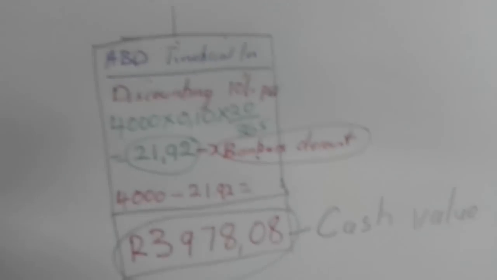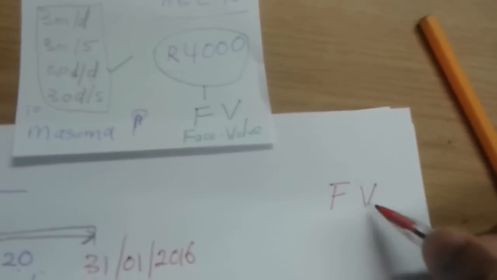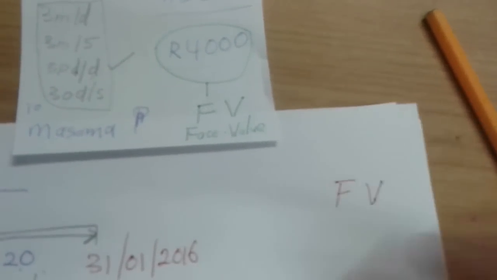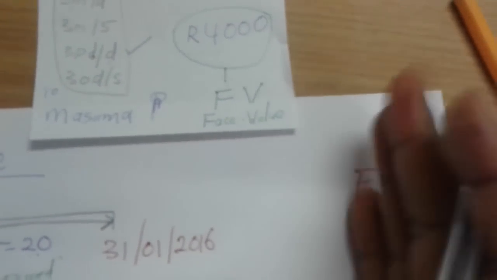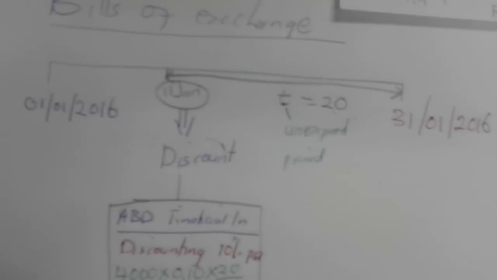So quickly, let's list down all the terms that we have from the beginning. We've got the face value when the bill is drawn. Then we've got the discounting date, of course. Then we've got T, which is the unexpired period, the difference between the date of discounting and the due date. Then we also have R, the discounting rate.